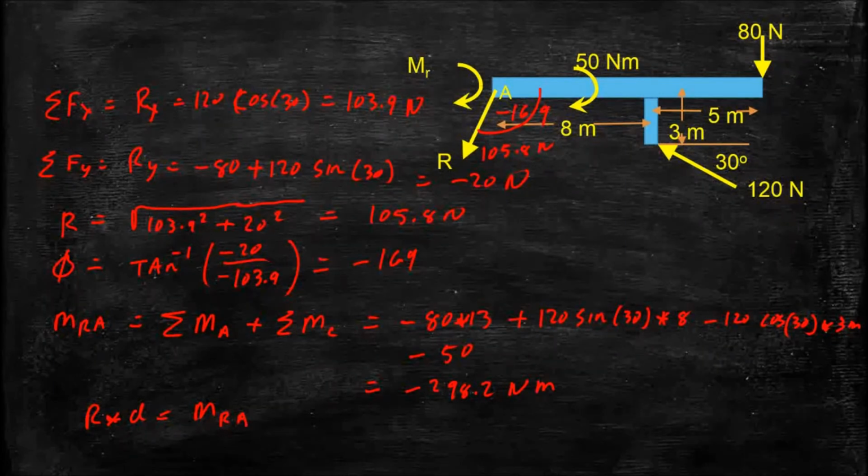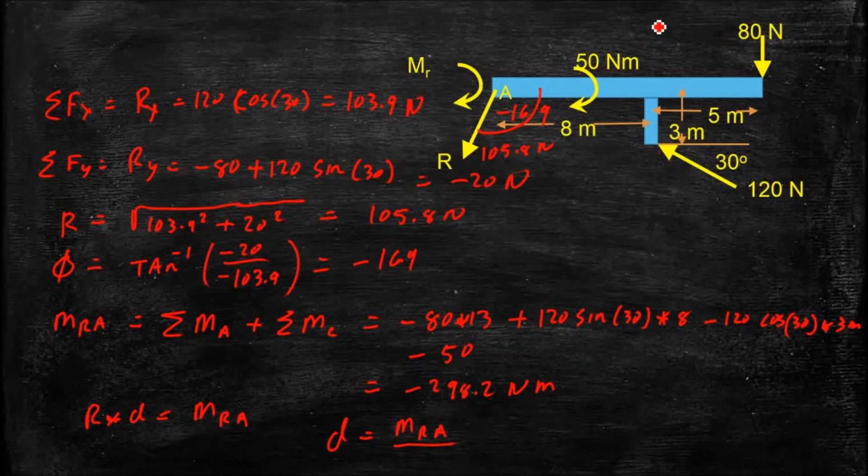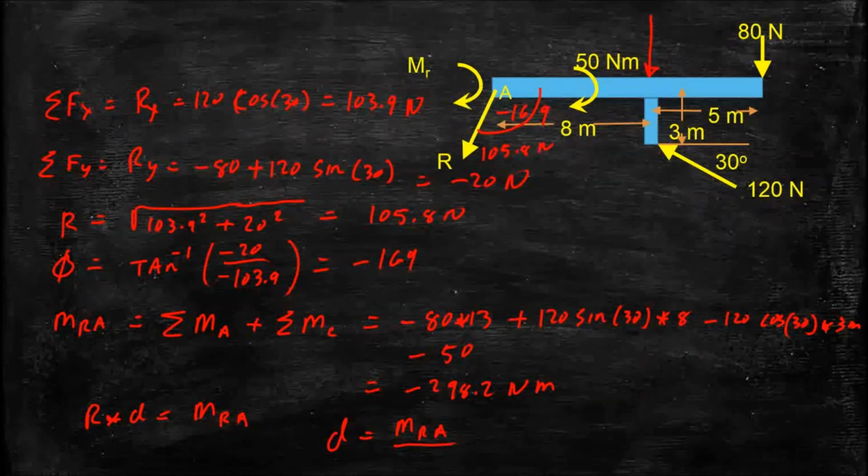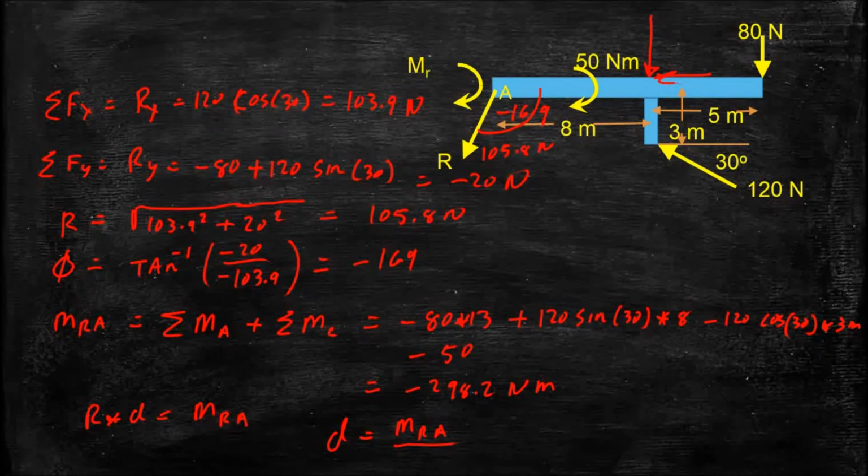So what I need to do is rearrange that a little bit, and I get the distance is going to be equal to the resultant moment at A that I had before, divided by, I only need to consider the y component of that resultant force, right? Because the x component of that resultant force doesn't give us any moments at all. I should have said up front that I'm moving it in the x direction.